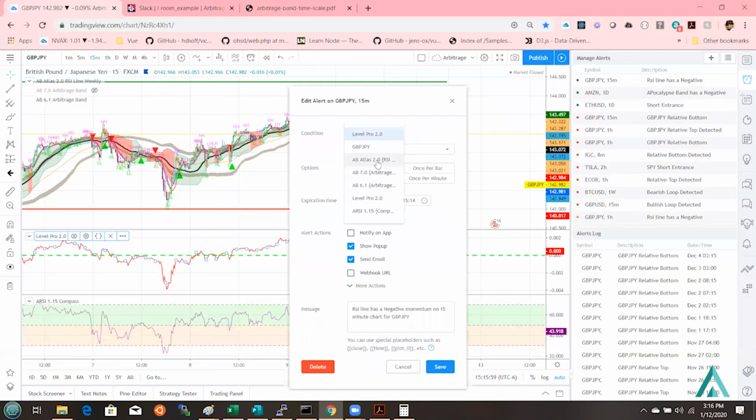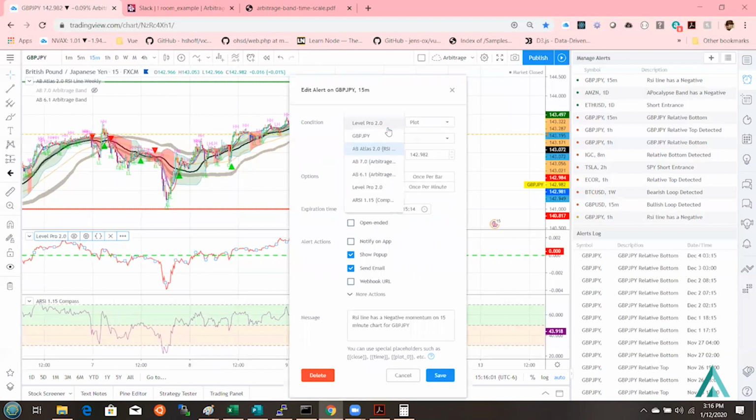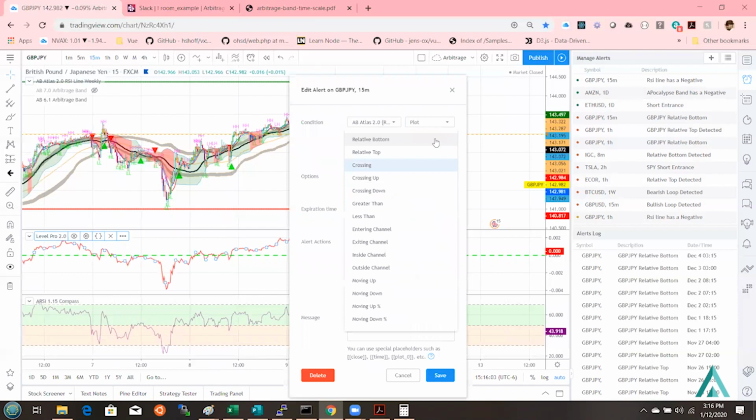So for example, if I'm using Atlas, tell me when Atlas relative bottom or relative top is coming, right? Part of Atlas, I'm adding more alerts to this next review. So it'll be able to tell you when it goes green or when it goes red. I'm going to make it when it has higher highs and higher lows. I'm adding a whole bunch of alerts to Atlas on this next push.